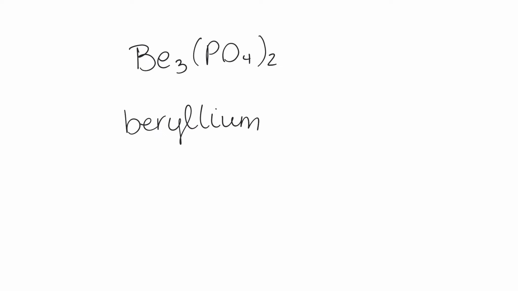No. PO4, again, multiple elements, so that must be polyatomic. I'm going to go look for PO4, and I think you're going to find that it is phosphate. So just plain old beryllium phosphate. Done, easy, out the door. The 3 and the 2 in this case did not mean anything to me.